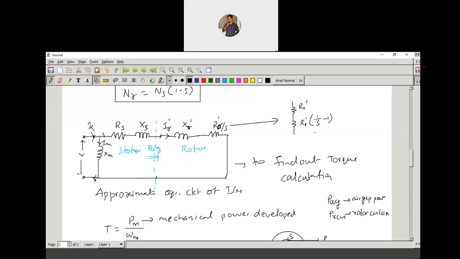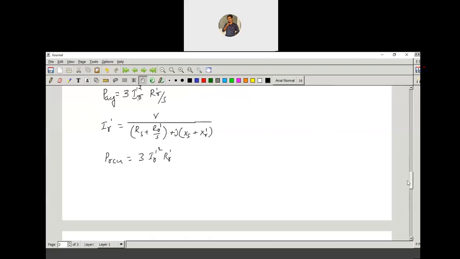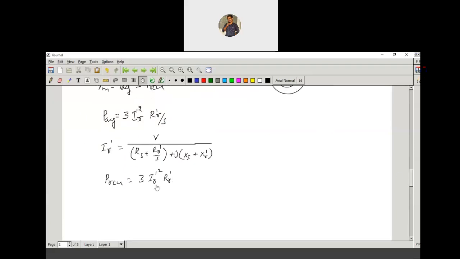This resistance R dash times 1 by S minus 1 represents the load, the mechanical output. You can represent it like a load mechanical component, and this R dash is on the rotor side. So the copper loss equals 3 times IR dash square into RR dash.